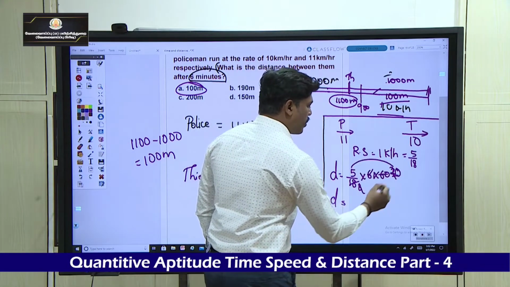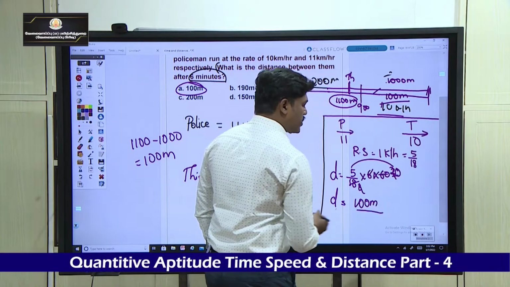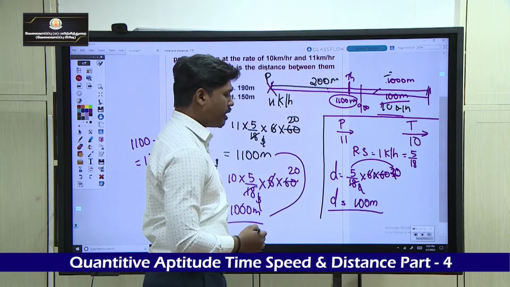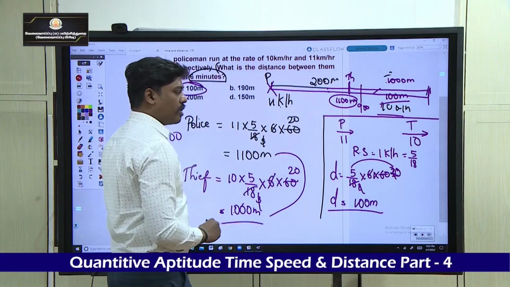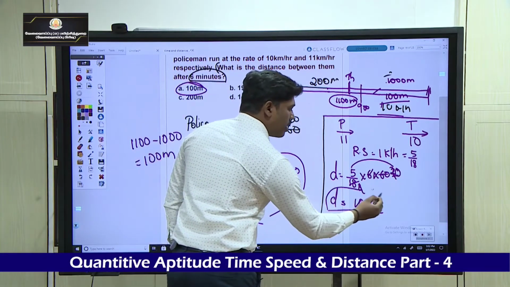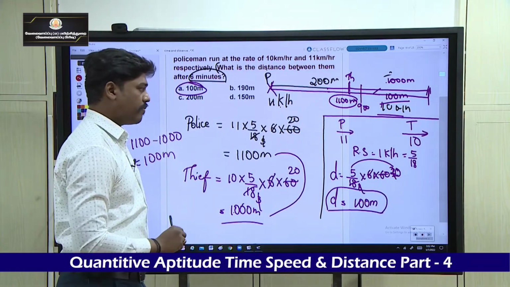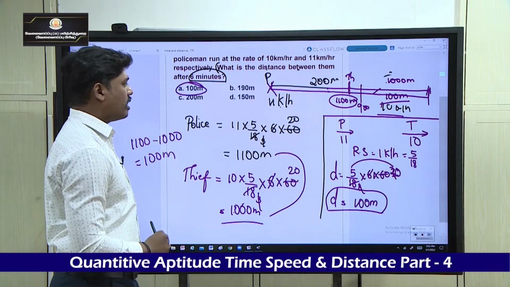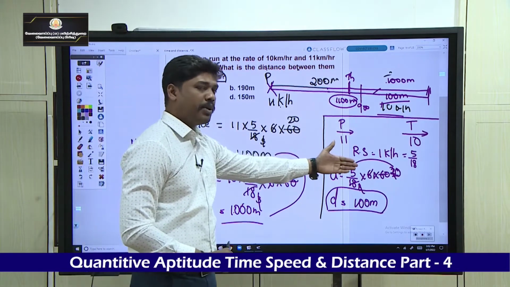So 5 into 20, you will be having 100 meter. So the distance between them is 100 meter. For a police and thief sum, directly use relative speed. You will be solving the sum more easily. This is the basic method, and this is using relative speed.